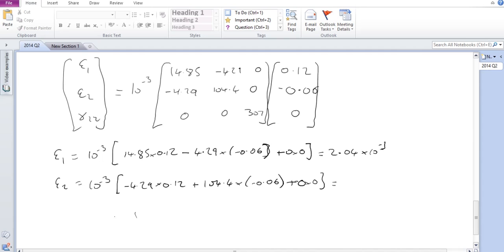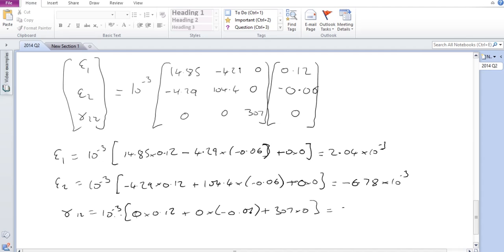And that comes out to be minus 6.78 times 10 to the minus 3. And the final one that we could do then is the shear strain, gamma 1, 2, which is 10 to the minus 3 times 0 times 0.12, plus 0 times minus 0.06, plus 307 times 0, which is 0.